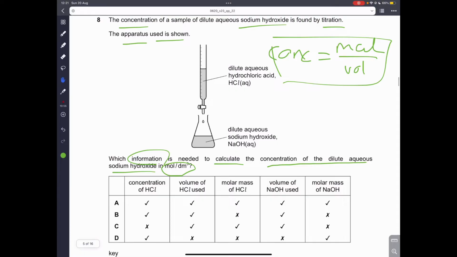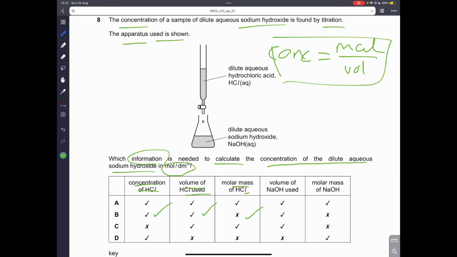So we want to know the dilute aqueous sodium hydroxide. So for number 8, we have to know the concentration of HCl. We have to know the volume of HCl used. The molar mass of HCl we do not have to know because we are finding the mole.